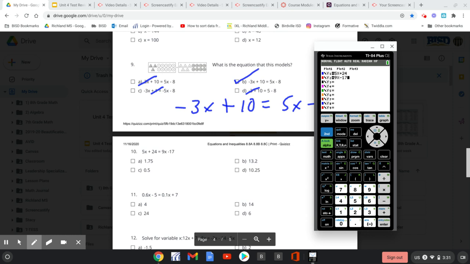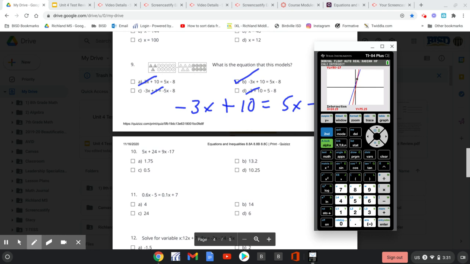You're going to hit second trace 5. Whoops, it didn't work. Hold on. Let me quit. I'm going to hit y equals. I'm going to hit second trace 5, enter, enter, enter. And I see it's 10.25. So your answer is D.